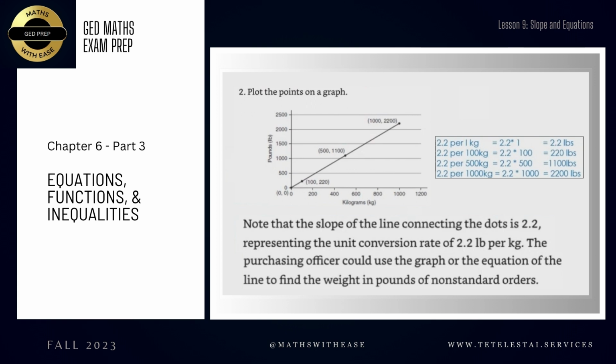They've done that here for us. So if this is 100 kilograms, we connect to our line, and then we move to the corresponding spot on the y-axis, and we know that that's 220, right? 2.2 times 100. We're just moving the decimal point over 2 places to the right. Okay, so that would be 220. So that's our first ordered pair, 100, 220.